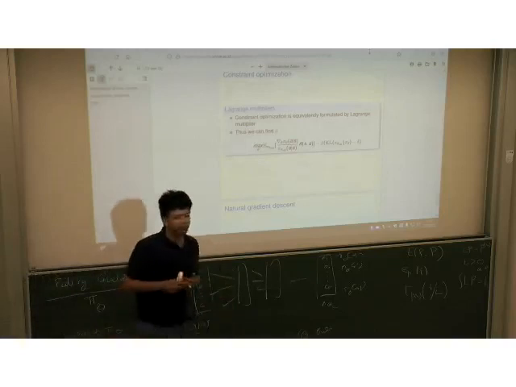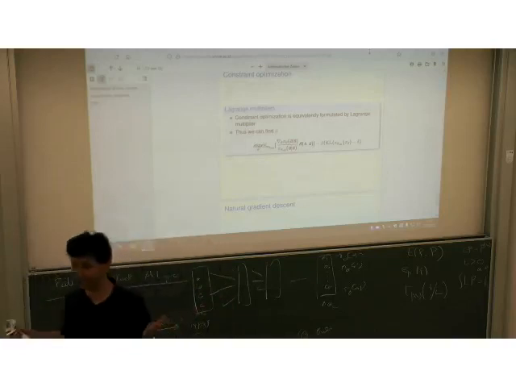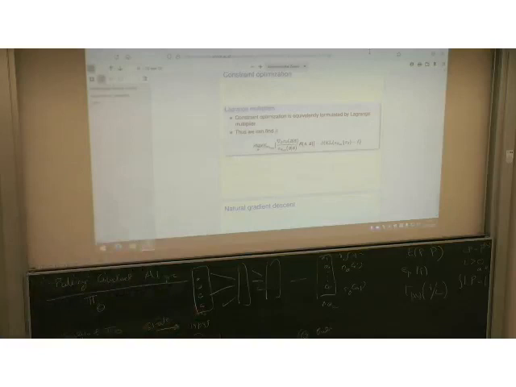So this is the problem that was there in the last slide: a constraint optimization problem. It's optimize something provided a constraint on KL. And there is a solution to such problems in calculus. What's the calculus solution? The Lagrange multiplier.